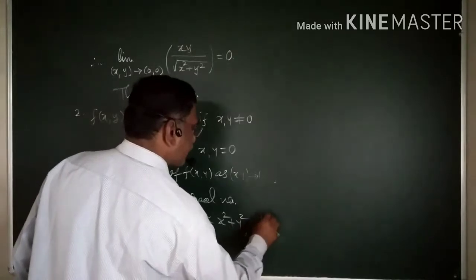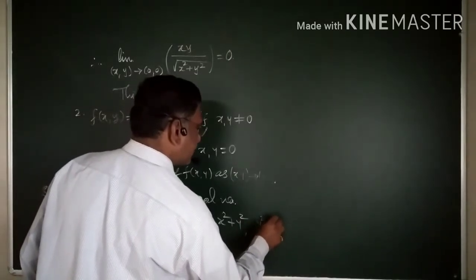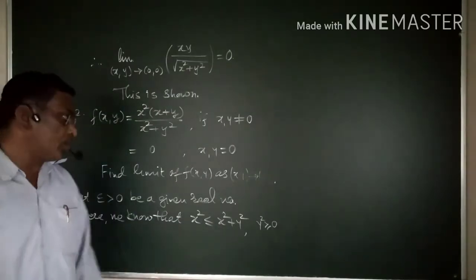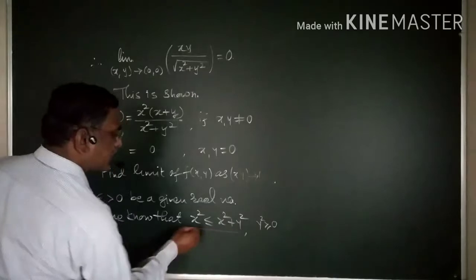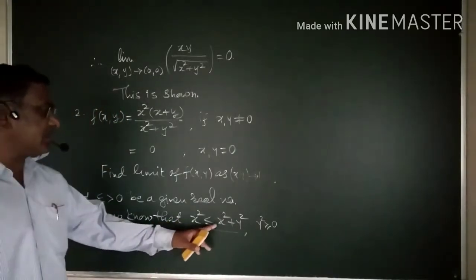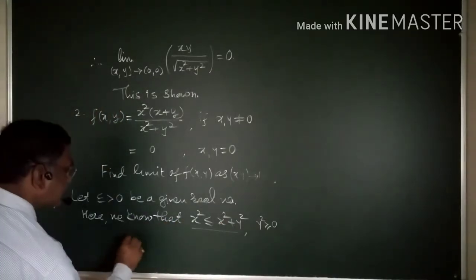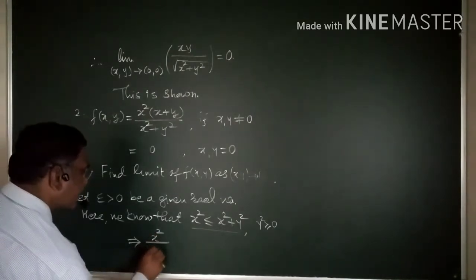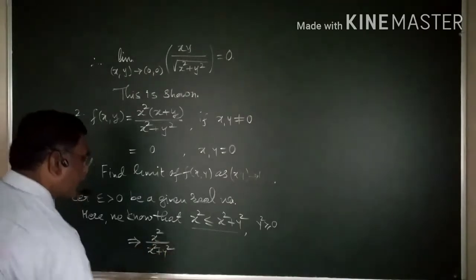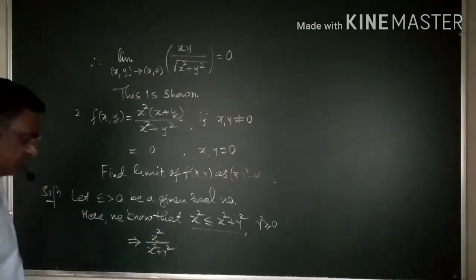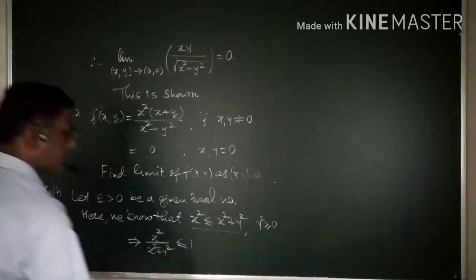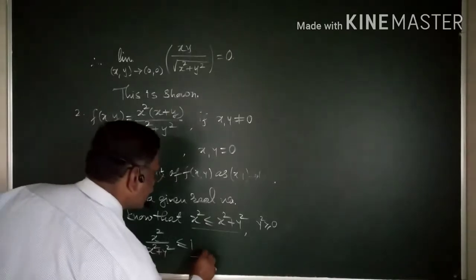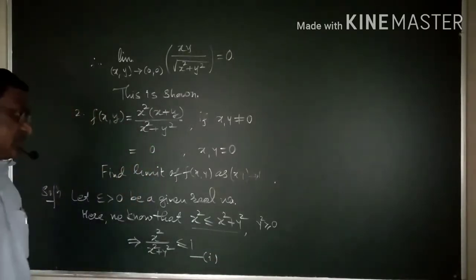Of course, y square is greater than or equal to 0, so this condition will hold. If I divide both sides by x square plus y square, then I get x square upon x square plus y square is less than or equal to 1.